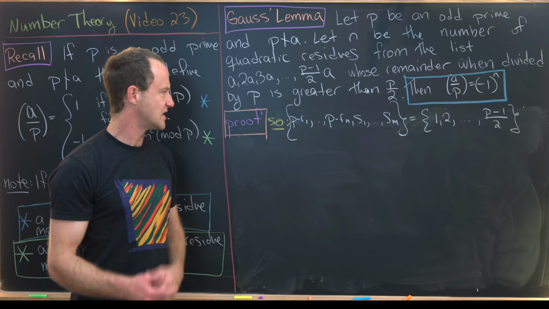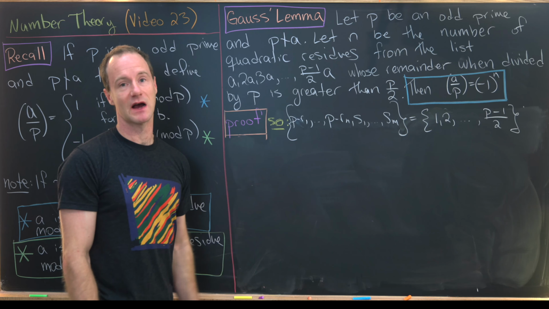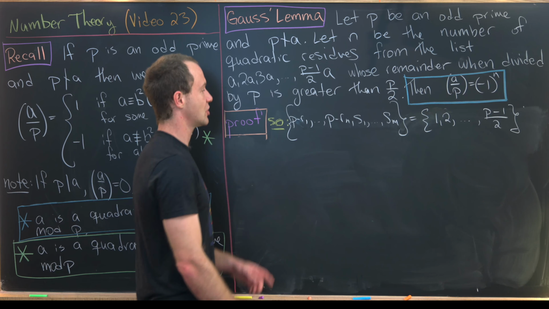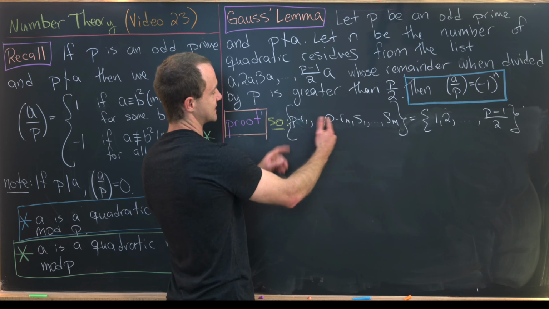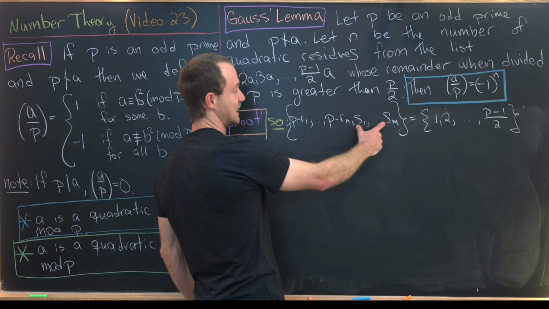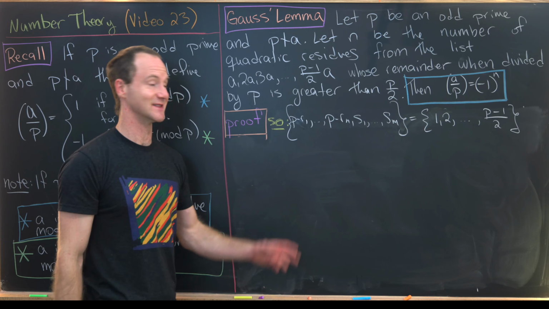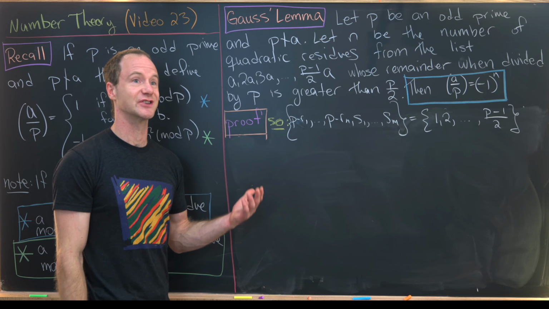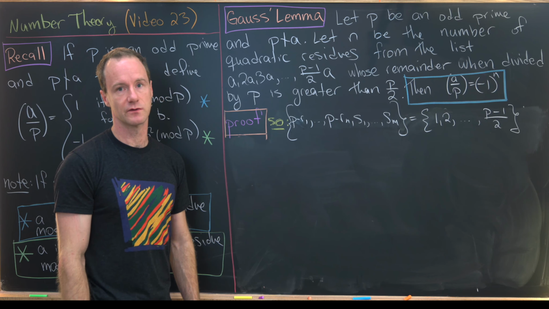Then we exchanged the R_i's for p minus R_i to put them less than p over 2. We showed that everything on this list, p minus R_i, is incongruent to everything on this list of S_j's modulo p. In other words, they're actually non-equal, not just incongruent.